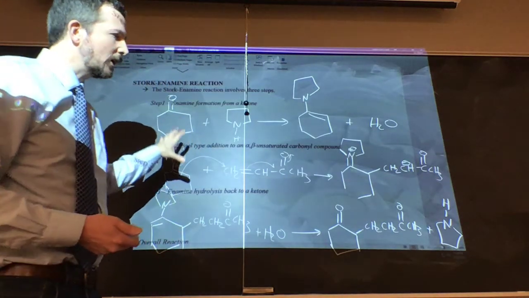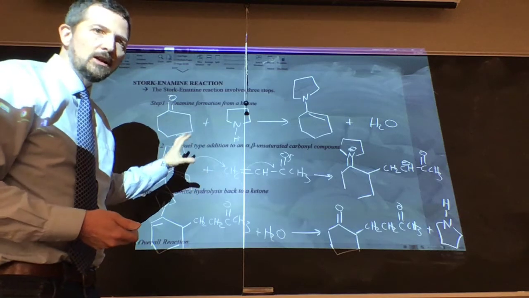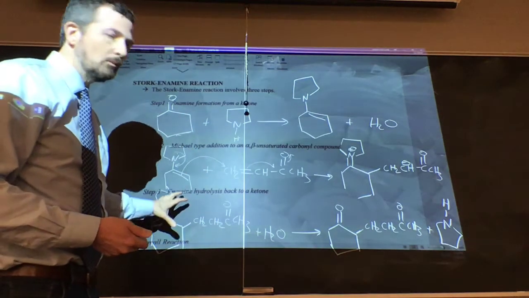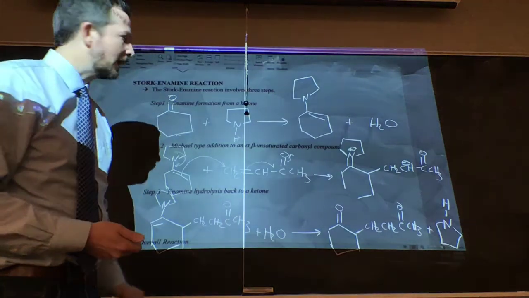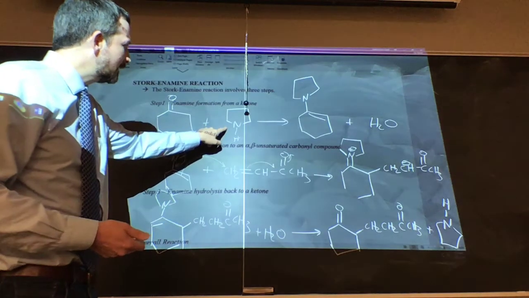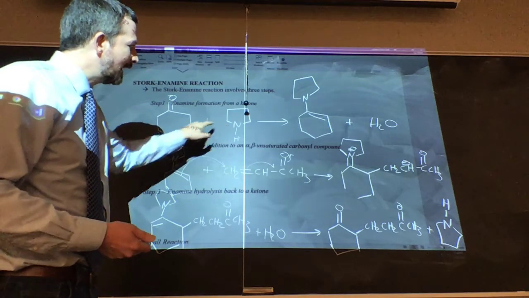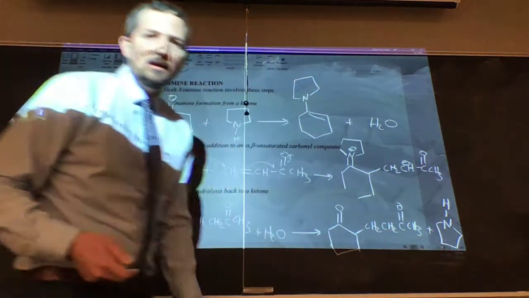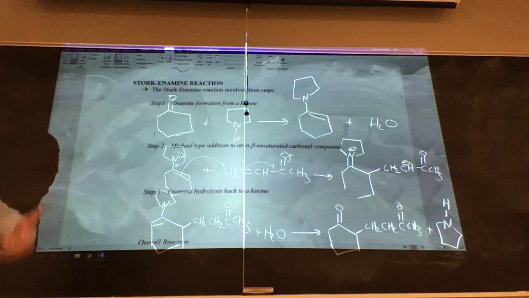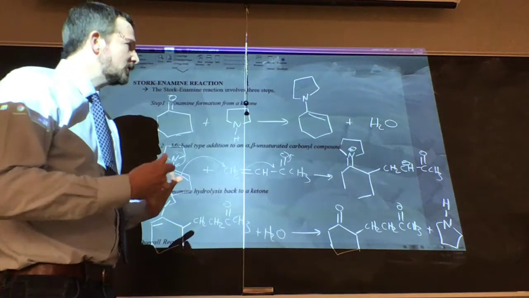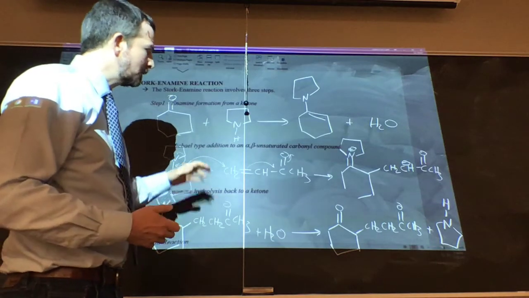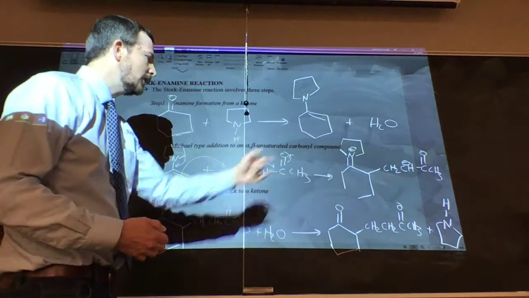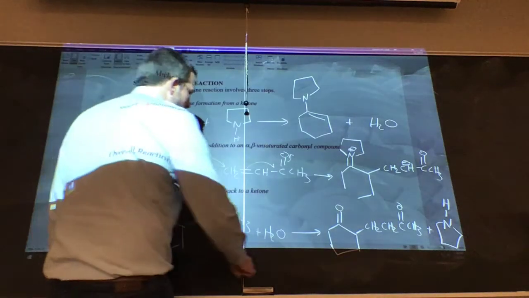So basically the Stork enamine reaction is just a way to do a Michael addition with a monocarbonyl compound, and you do that using your pyrrolidine. The pyrrolidine reacts, it undergoes a Michael reaction, and you end up with pyrrolidine back at the end as well. So that just serves as a catalyst. A catalyst is something that speeds a reaction or allows the reaction to take place, but is regenerated in the end or is not used up. So you do get it back in the end. It's just a catalyst for the reaction.